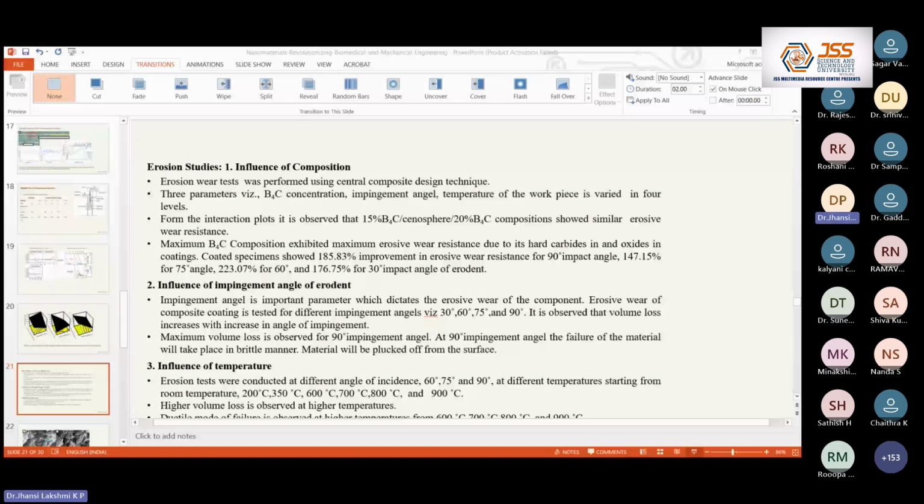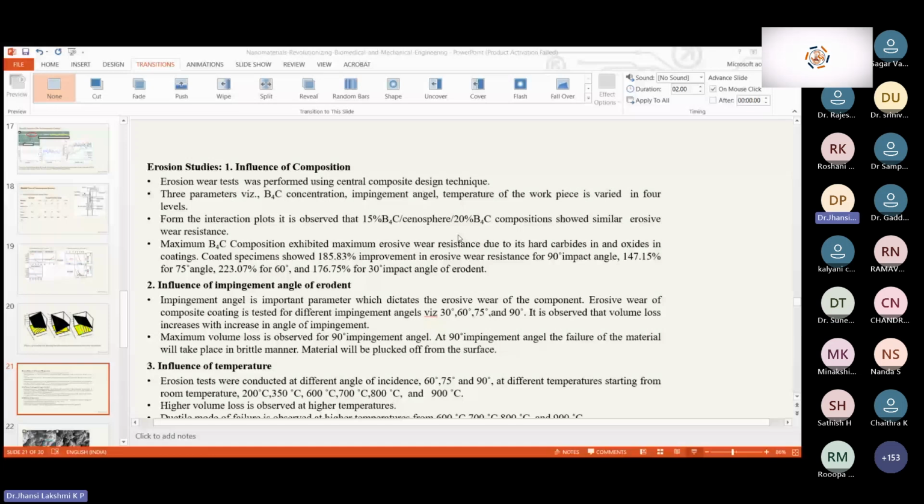Slide. Hello. Ma'am, which slide are you talking about? Next one, 3D surface plots of interaction. Select that slide, ma'am. We are seeing erosion studies. Still we are in erosion studies. One second, madam.